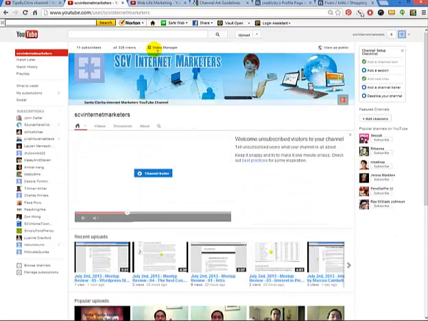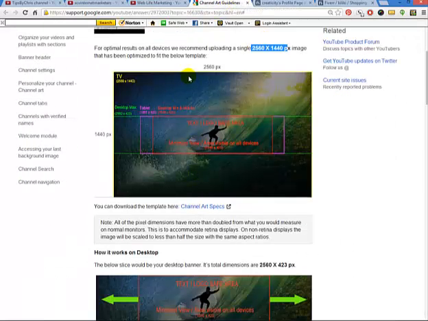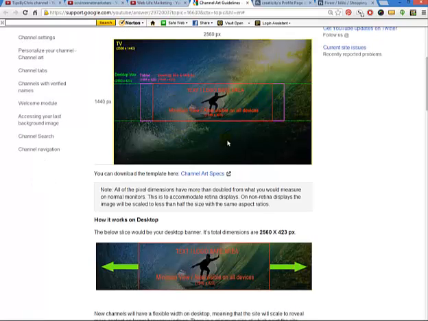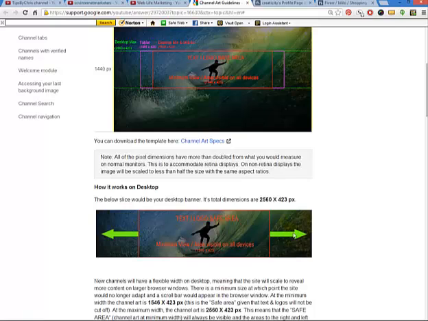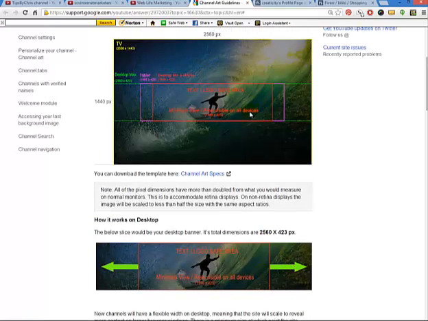I have another one here for the SCV Internet Marketers, but these are made with a very specific size. If you look at the channel art guidelines, you need a 2560 by 1440 image. Now this whole image of it, only this middle section will be used for the logo. So as you can see below here, this is the safe area which was taken out of here.